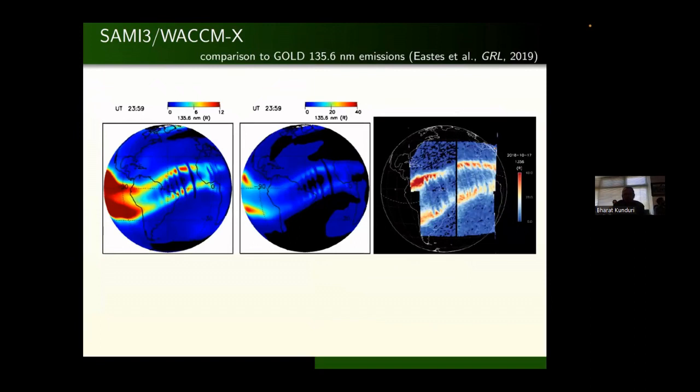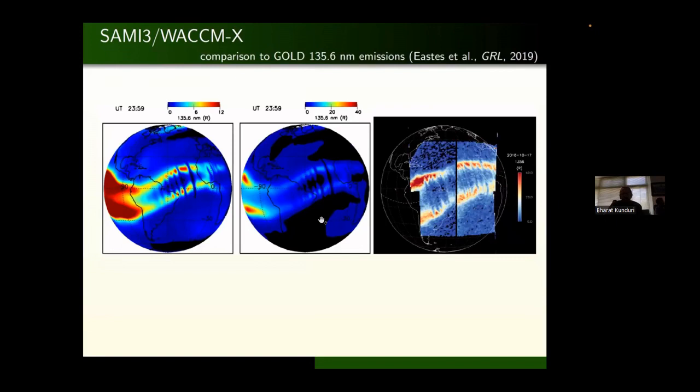So then it just turns out, not necessarily coincidentally, but fortuitously, the GOLD satellite was up and making measurements, well, not at the same time as our simulation. This is in October, and they noticed these striations again occurring in the Atlantic sector associated with these bubbles.